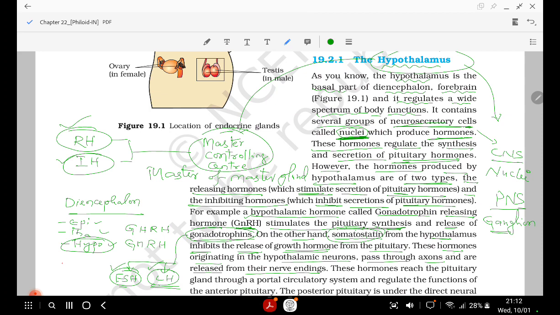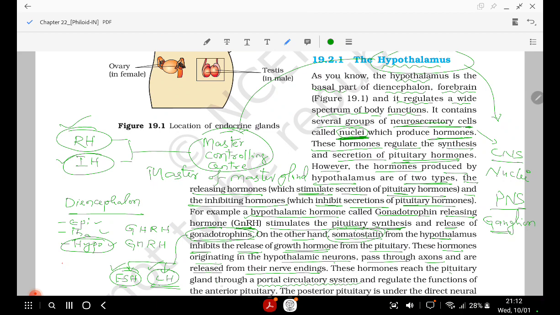These hormones reach the pituitary gland through the portal circulatory system, called the hypothalamo-hypophyseal portal circulation. So through portal circulation, hormones from the hypothalamus reach the anterior pituitary gland.